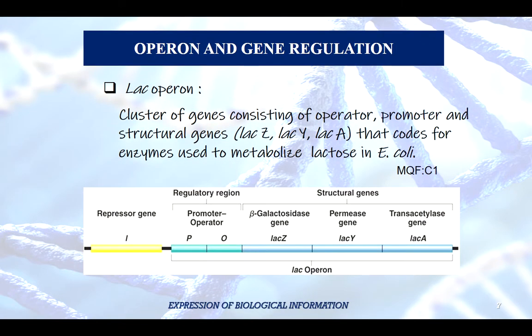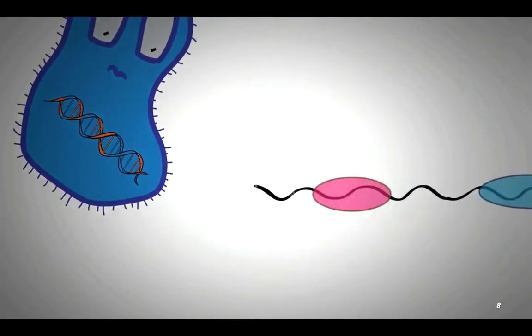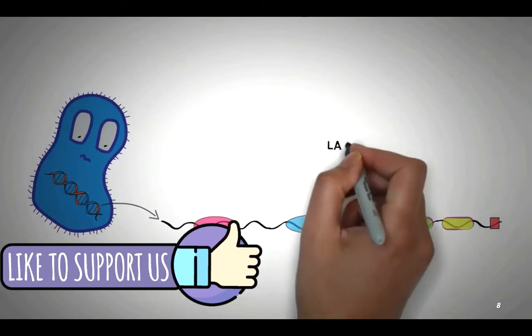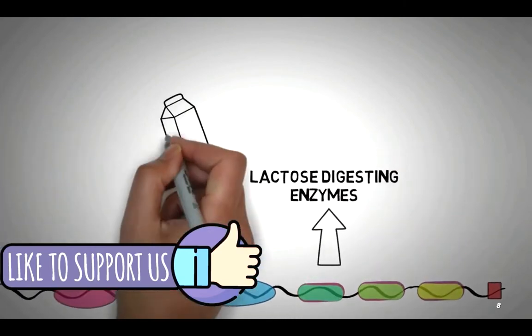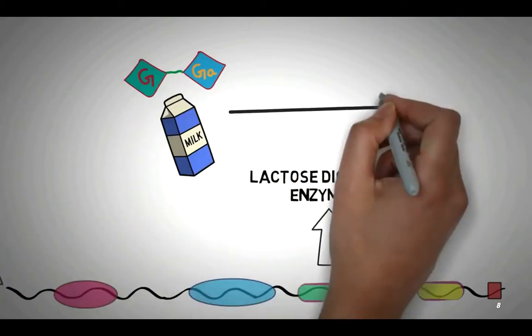The Lac Operon is a cluster of genes, consisting of operator, promoter and structural genes, which are LacZ, LacY and LacA, that code for enzymes used to metabolize lactose in E. coli. So this is the Lac Operon. This is basically a small piece of bacterial DNA and consists of a few important genes that code for the enzymes that allow the bacteria to break down lactose.